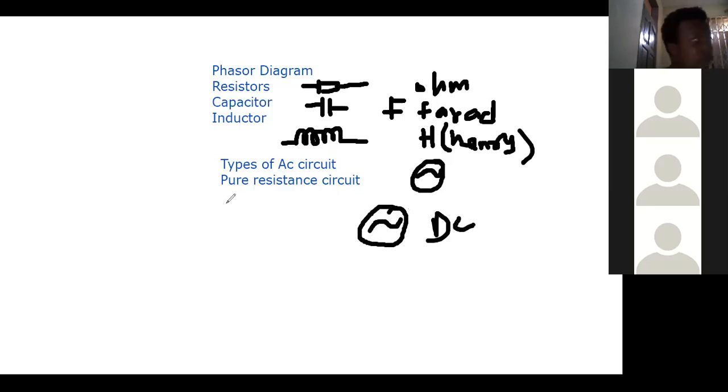And so if you have a typical resistor circuit, it is made up of a resistor connected to the AC.